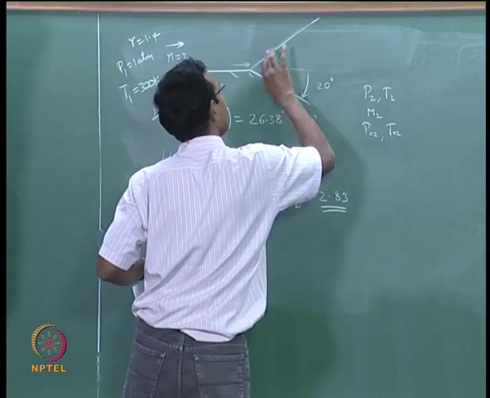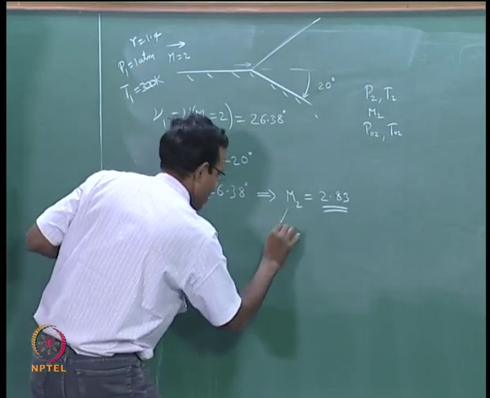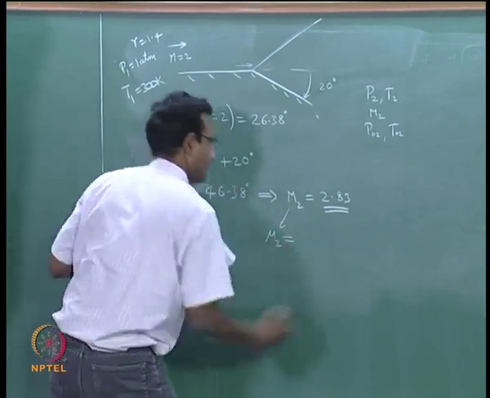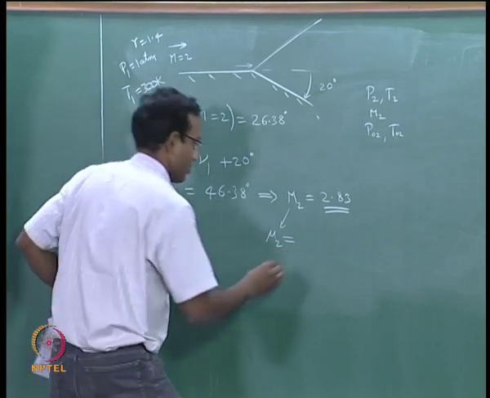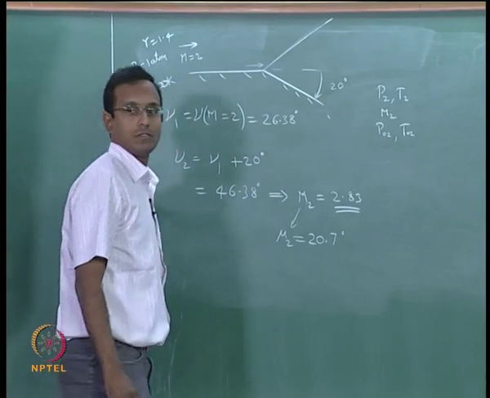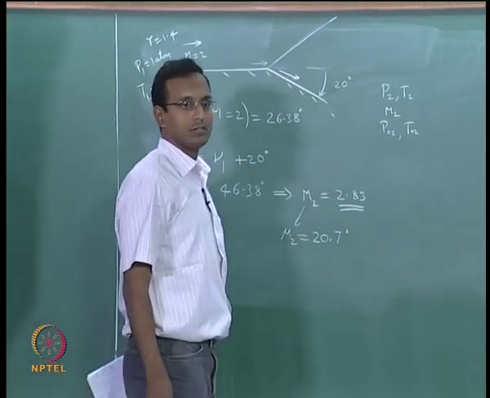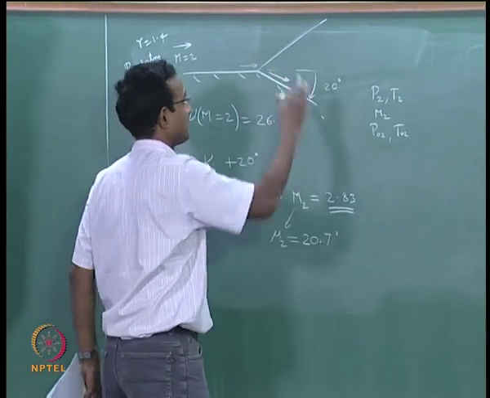Okay. Now, the next one, for this I have to find mu 2, for M2 equal to 2.83, that comes out to be 20.7 degrees. So, the final streamline angle is going to be parallel to this wall, which is the use of this expansion fan.